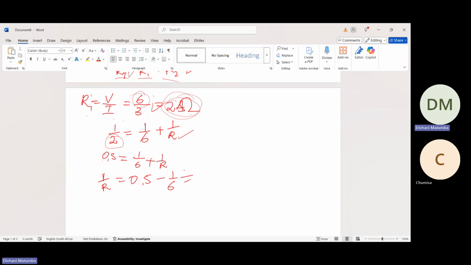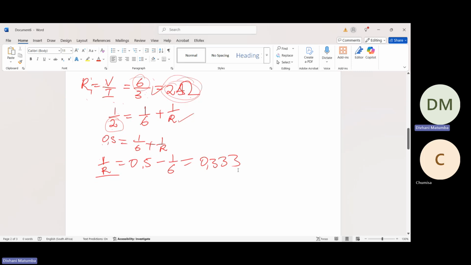So how much do you get from that? 0.5 minus 1 over 6 is 0.3 recurring, 0.333. So what is the value of R in this case?